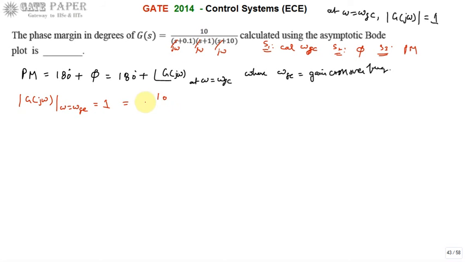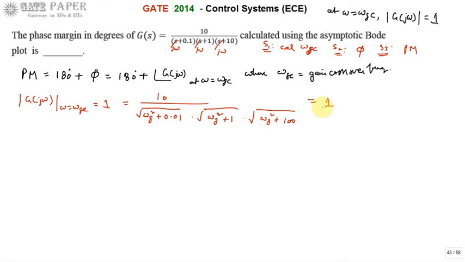So this will be 10 divided by square root of omega g square plus 0.01 into under root of omega g square plus 1 square, which is 1 itself, into under root of omega g square plus 10 square, which is 100, equal to 1.